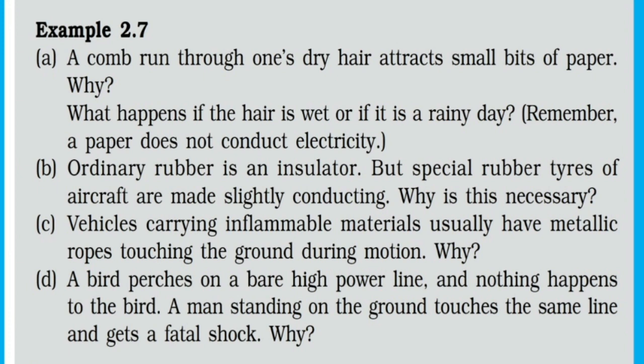Because of that electric discharge, a spark may be produced. In vehicles carrying inflammable materials, such a spark may cause an accident. So to avoid that, a metallic rope will be touching the ground. Whenever frictional electricity arises, that moment itself that charge will be earthed.